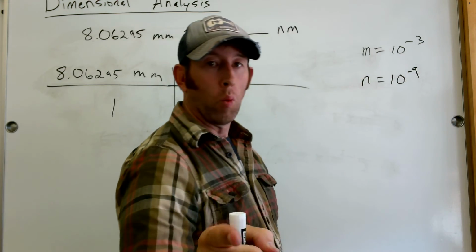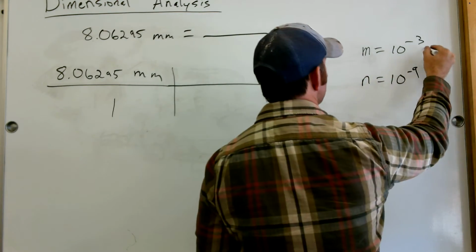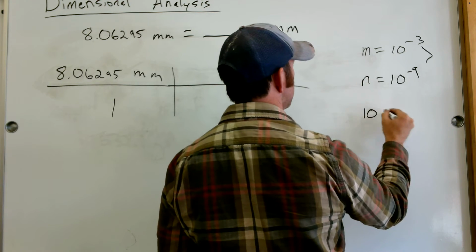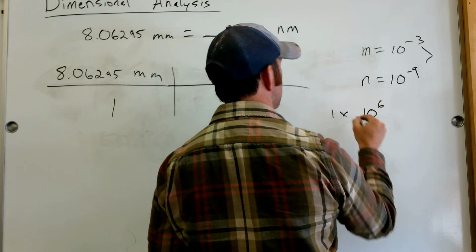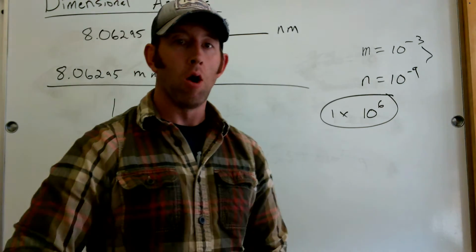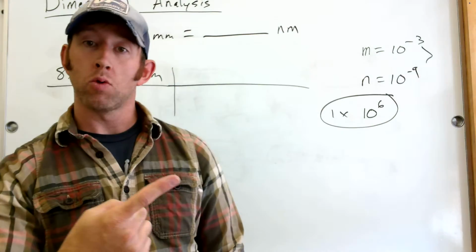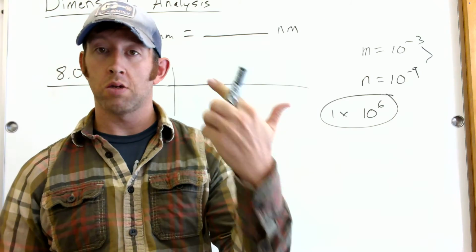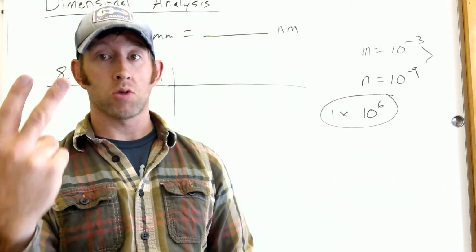So what is my difference in magnitude between those two? 10 to the 6th. All right, so that is my number, right? Now, I have to figure out, what do I do with that number? Do I multiply it or do I divide it? So again, I have to memorize those two rules.